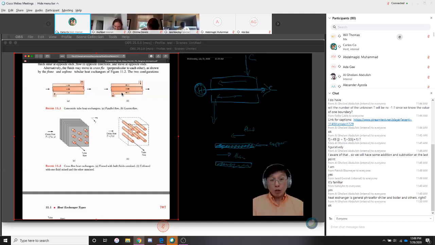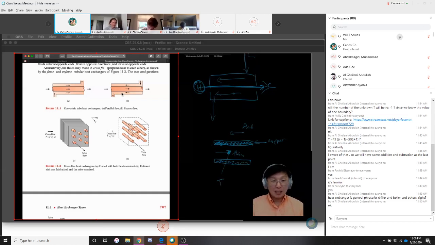So you notice what's going on here. Inside this fluid, at this location, you might have some temperature, and we will label that T1 infinity. The reason we label that with this infinity is because that is the bulk temperature.